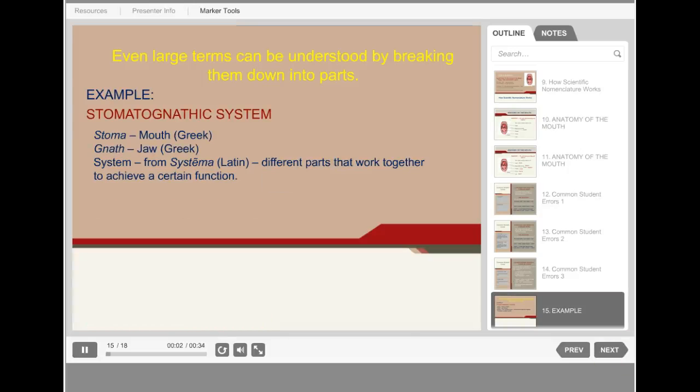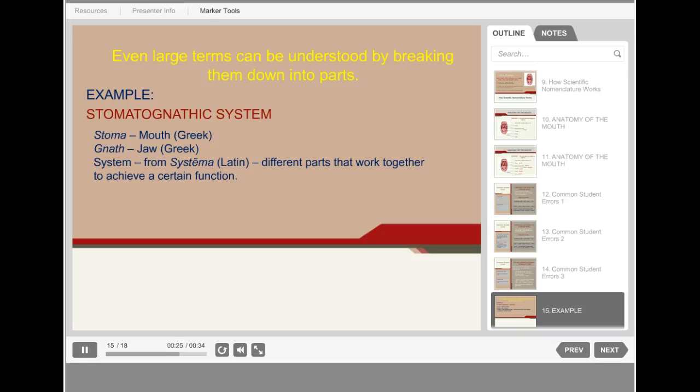Long scientific words can easily be understood by breaking them down into parts. For example, the term stomatognathic system. The first portion, stoma, means mouth, from Greek. Gnath means jaw, also from Greek.